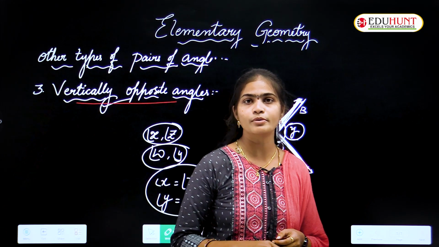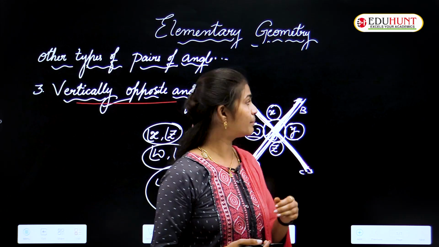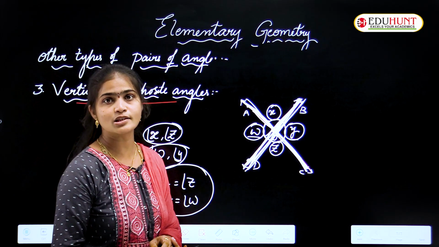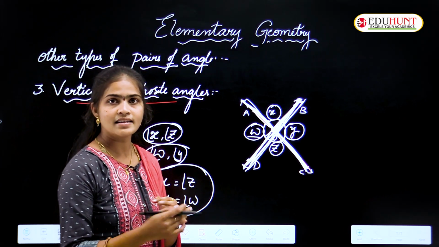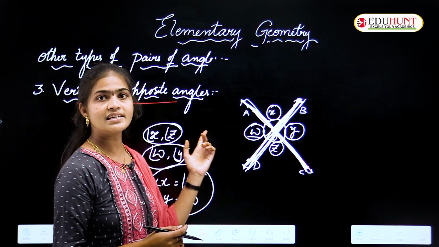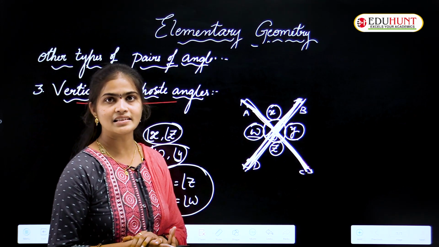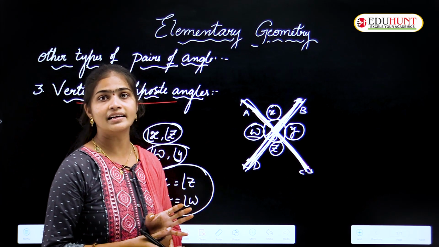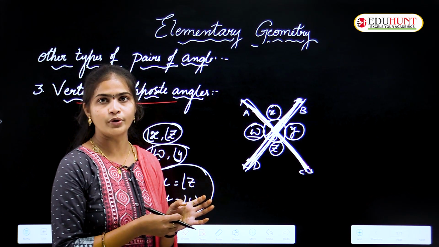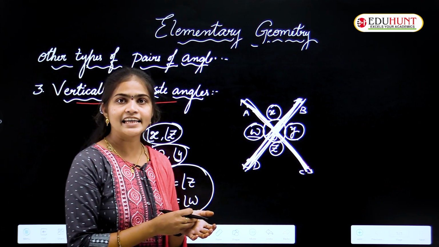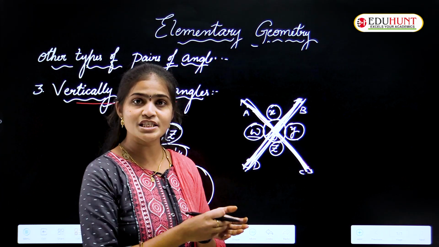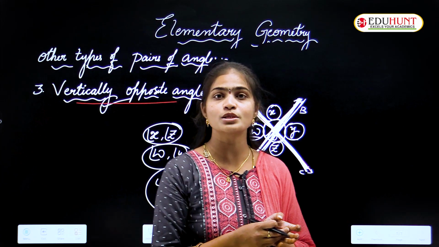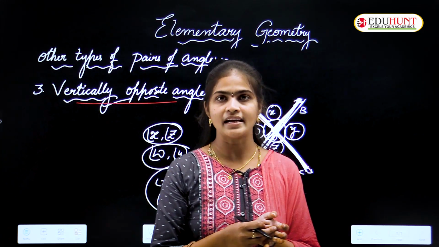So far we have discussed three types of pairs of angles: adjacent angles, linear pair, and vertically opposite angles. Adjacent angles must have a common arm and a common point. A linear pair means two angles that are adjacent and whose sum forms a supplementary angle.